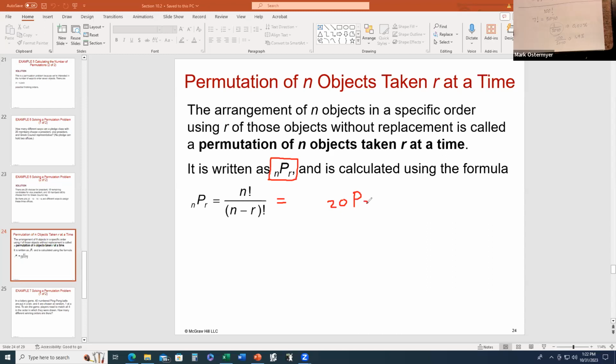So how many different permutations, ladies and gentlemen, are possible from 20 people if you choose 3 at a time? Well, that's called 20 permuted 3 ways. Notice the notation here, 20 permuted 3 ways. And by our formula, it's going to be 20 factorial divided by 20 minus 3 factorial.